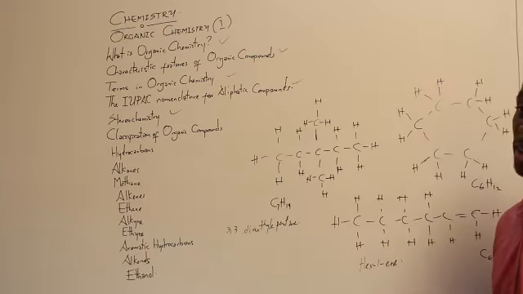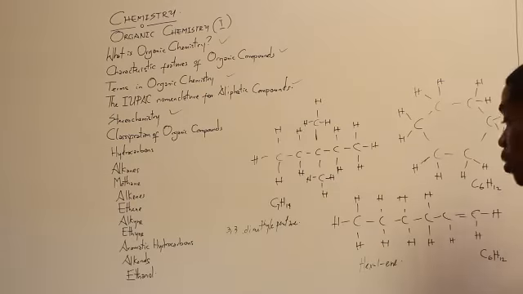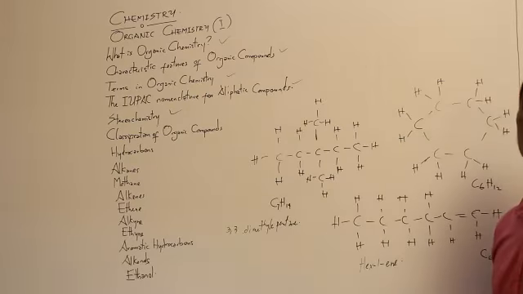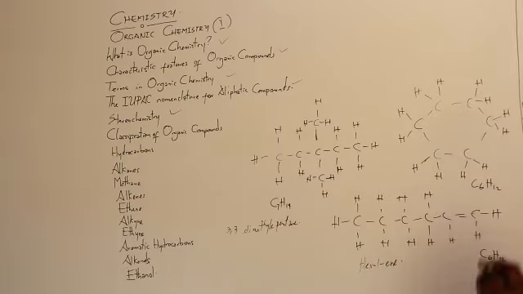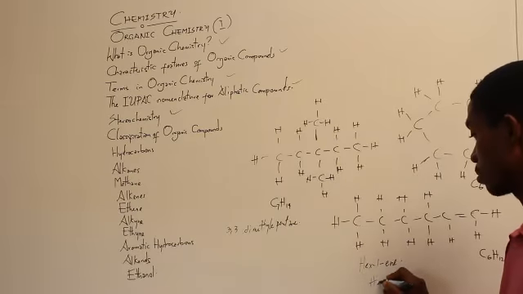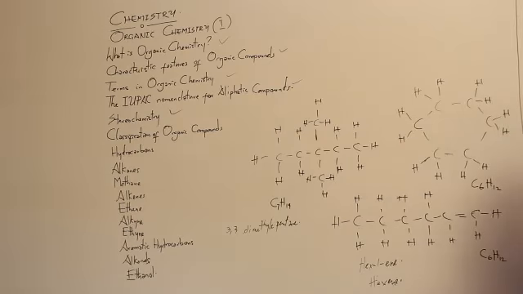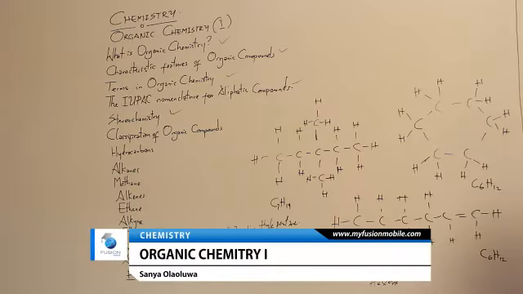So if you specify, not bad. If you don't, it's acceptable. When it is on the 1, we usually do not specify. So you can call it hexane, straight, without specifying.